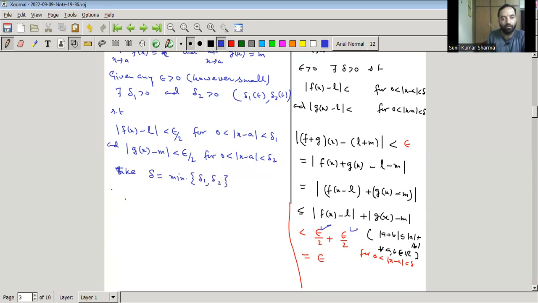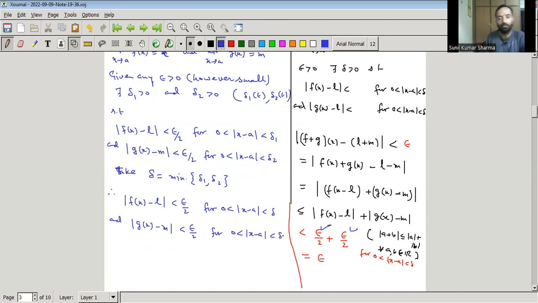Therefore, we get mod f(x) minus L less than epsilon by 2 for 0 less than mod x minus a less than delta, and mod g(x) minus m less than epsilon by 2 for 0 less than mod x minus a less than delta. So this will work.